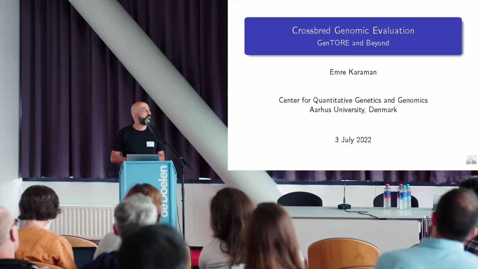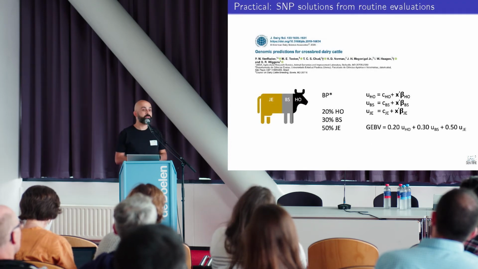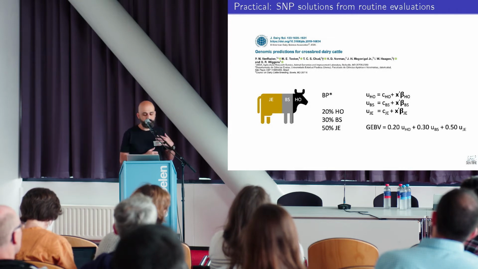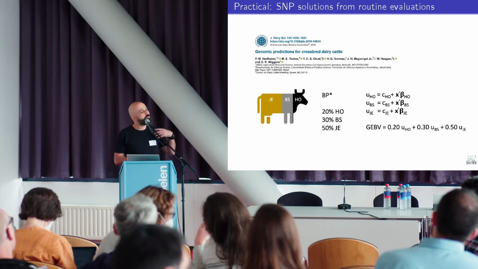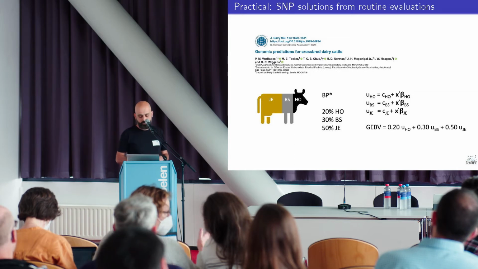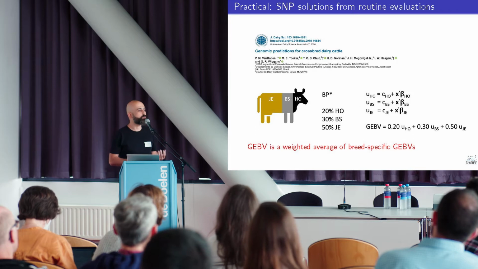But of course, when it comes to evaluating crossbred animals, there are some practical solutions. The easiest thing you can do is get SNP solutions from routine evaluations, and then you can compute breed-specific breeding values. And then you can weight these breeding values based on the breed proportions of animals.